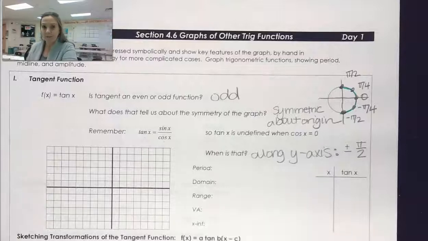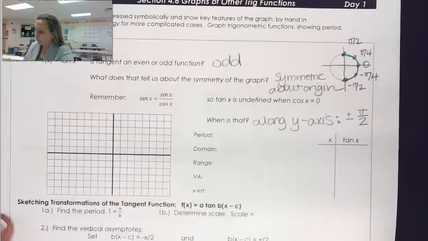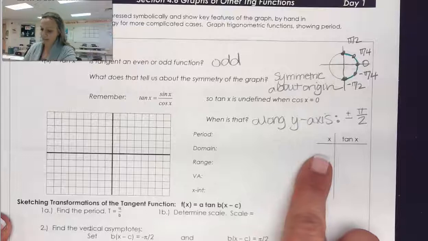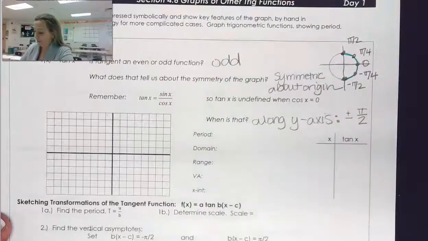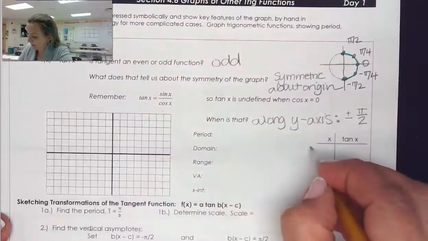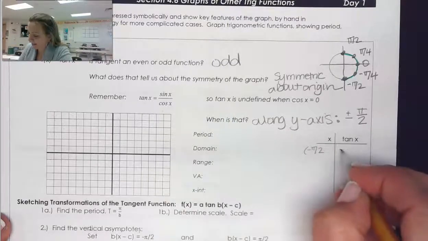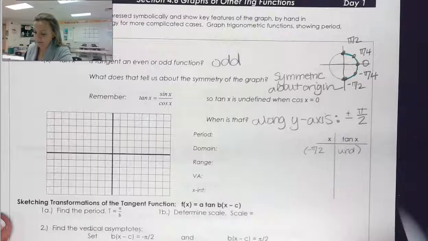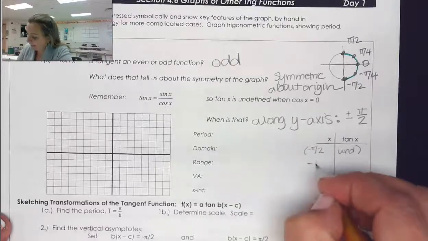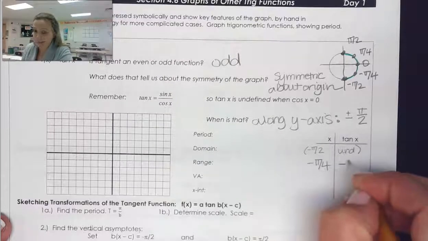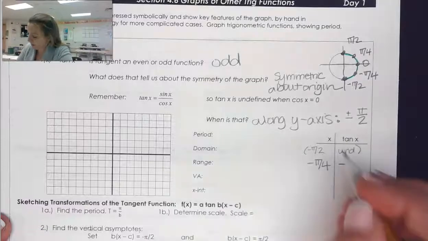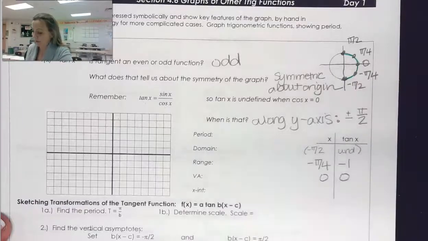Okay, so if I'm thinking about graphing, what we've done in the past is make a little table. For tangent, I'll put this in parentheses, negative pi halves would be undefined. But if we had negative pi fourths, we could evaluate that at negative 1. 0 would be 0.